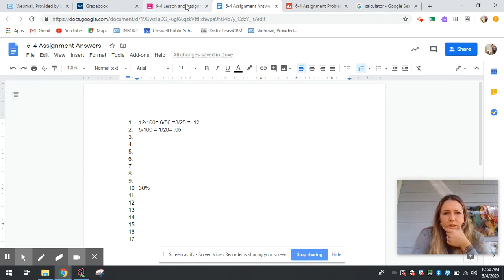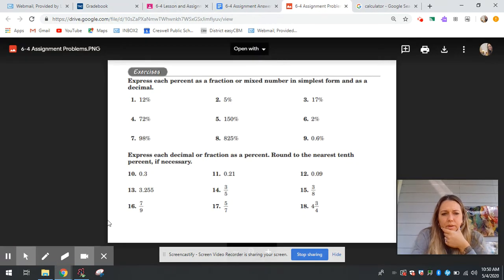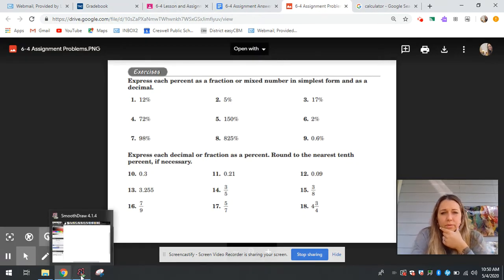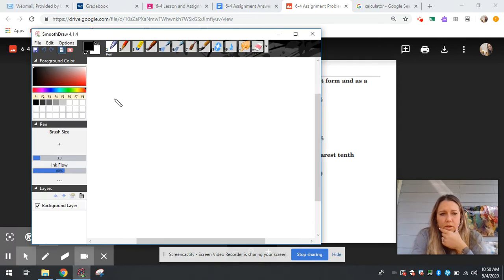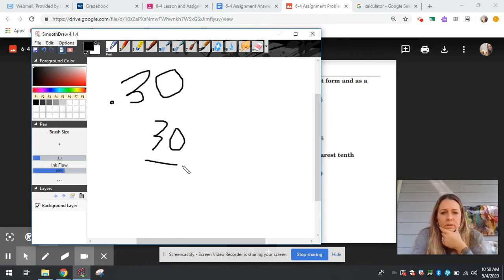Another way you could have done that is you could know your place value, and you could know that if I have one number here, it's in the tenths. If I have another number here, it's in the hundredths. So this would be 30 hundredths. And 30 hundredths is a nice number to look at when you're talking about percentages, because percents are out of 100. So you get 30%.